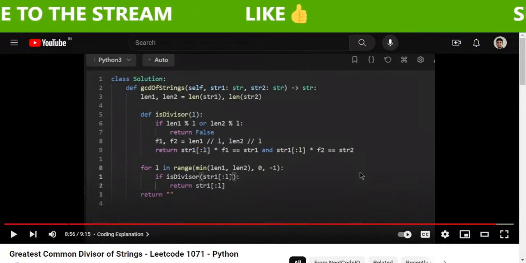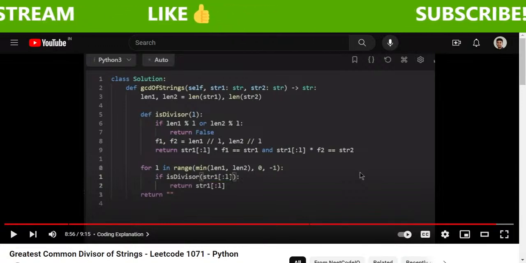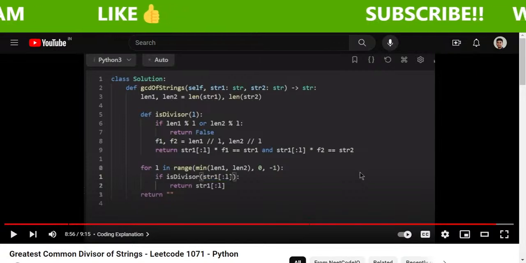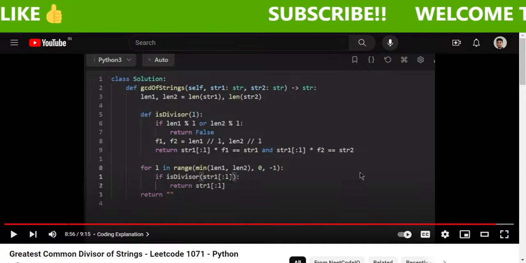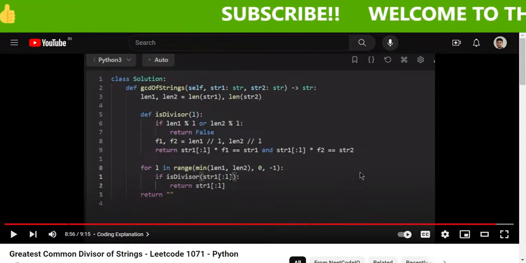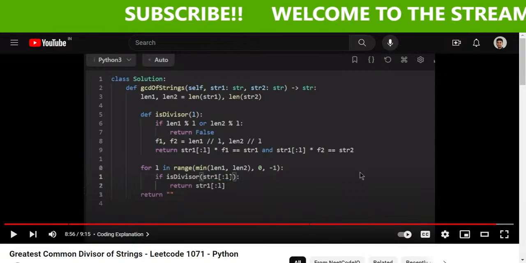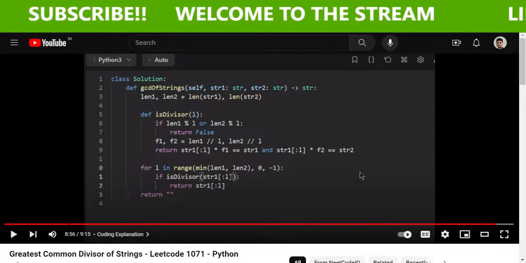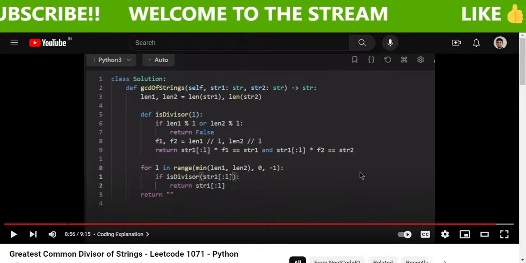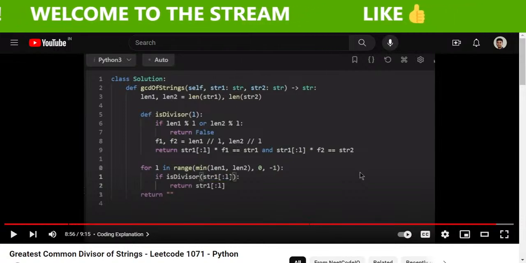So first he has taken a for loop in which he has sent minimum of L1 or L2. Usually it will be the second string which will be smaller, but it is not specified, but he is taking that as the initial point of the length and is going in reverse order. Okay, if L is of 5, it is taking from a string from that point till 5.